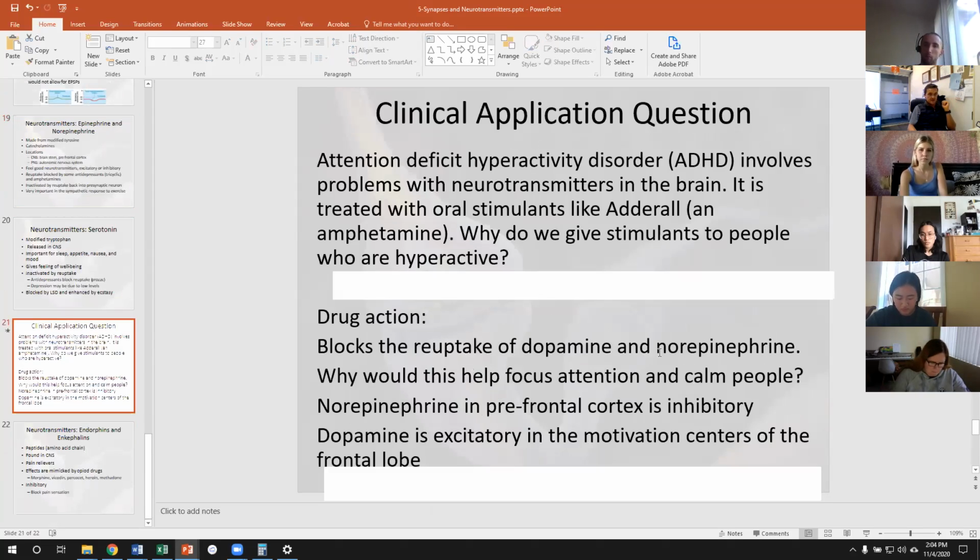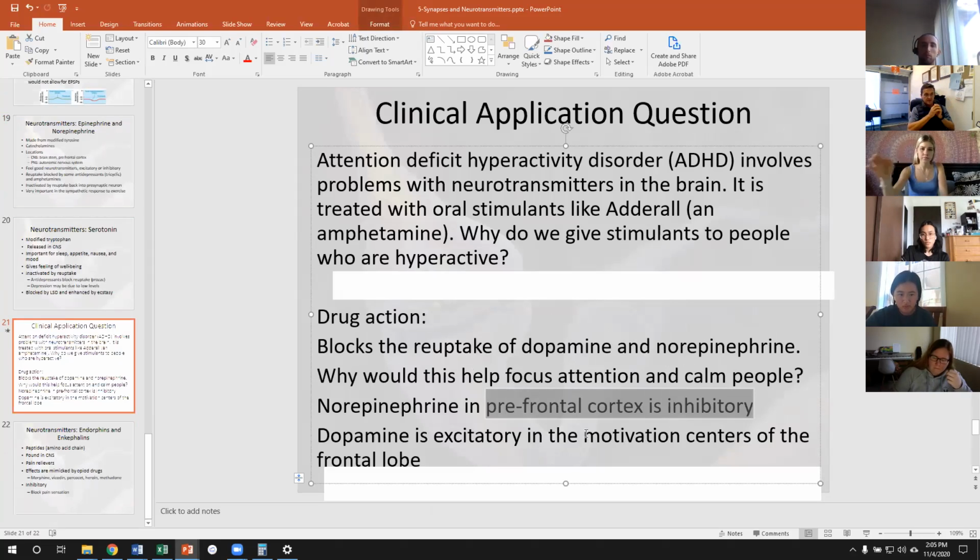And in this case, we're talking about one of its inhibitory effects. So in the prefrontal cortex, norepinephrine is being inhibitory. The drug blocks the reuptake of it, meaning that the norepinephrine released in the neurons there in the prefrontal cortex just stays out there for longer. So we're going to see more of its effects, okay?